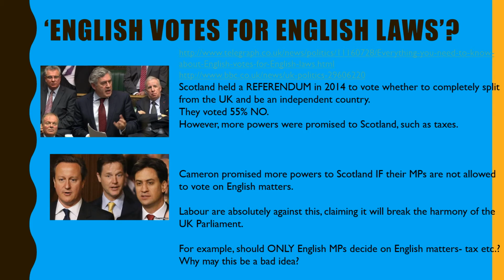But then some right-wing, particularly Tory MPs, said, if you want your own powers, you want your own parliament, that's fine. But when we're in Parliament and we're voting on issues that only affect England, then the Scottish MPs shouldn't have a vote, they shouldn't have a say-so. So, for example, maybe something like HS2 that's really only going to be in England, they would argue that Scottish MPs shouldn't get to vote on it.